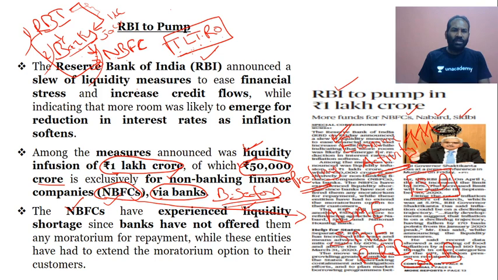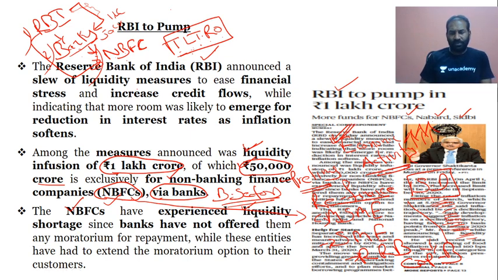Please look at these keywords I'm using: in turn will refinance. They will refinance micro, small and medium enterprises, regional rural banks, and cooperative banks. So again the money gets to different kinds of people, given in the form of loans. That means ultimately economic activity will take place.